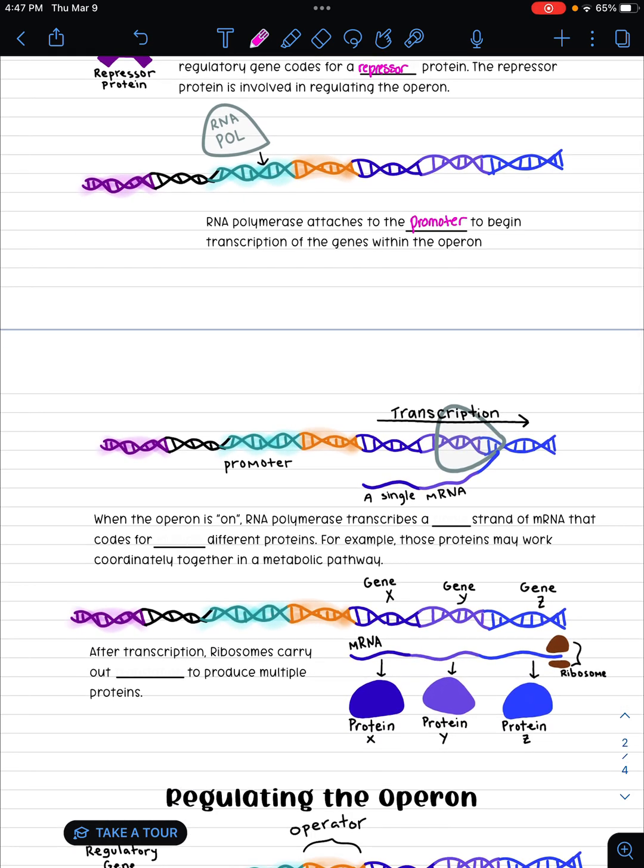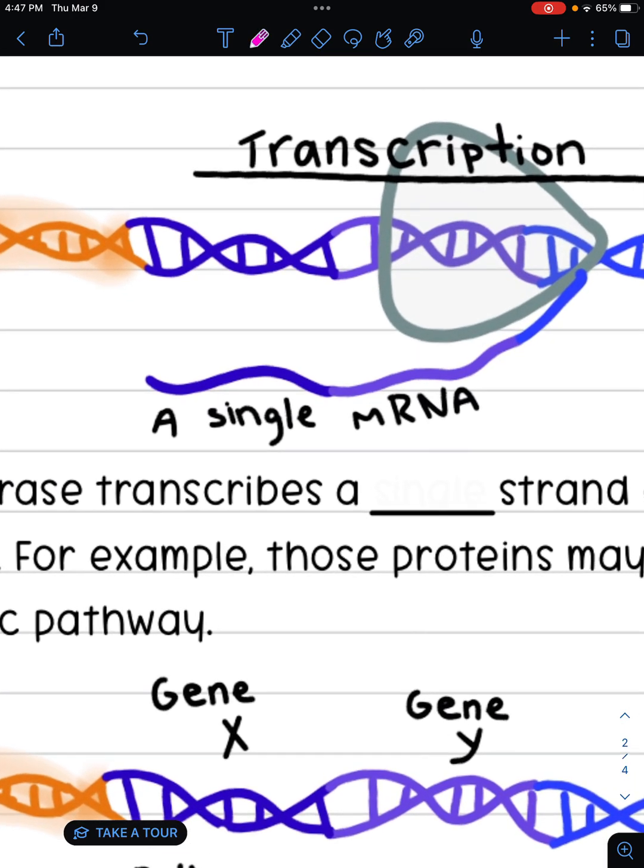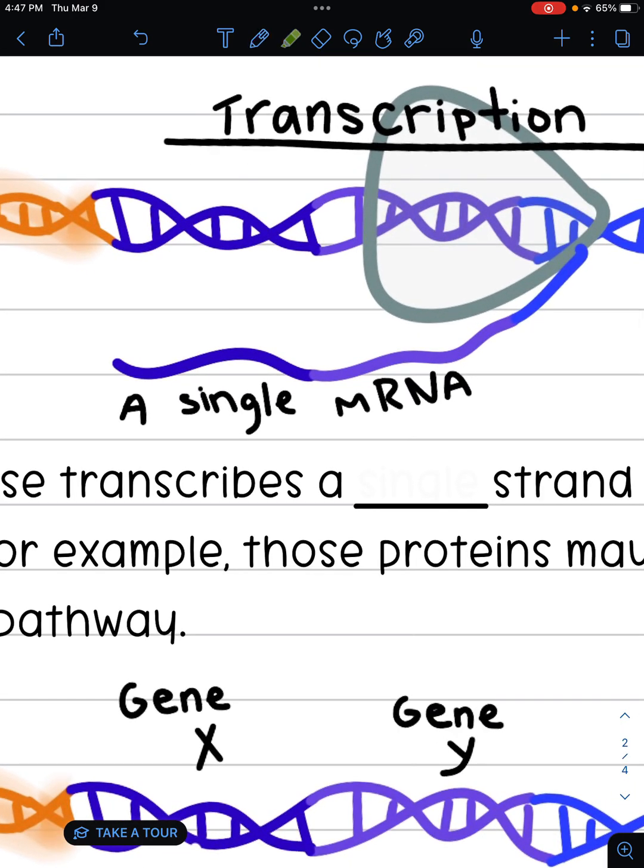When the operon is in the on state, remember we talked about this the other day. If it's on, the RNA polymerase transcribes a blank strand of mRNA that codes for blank different proteins. Okay, so what kind of RNA? It says it right here. A single strand, one.